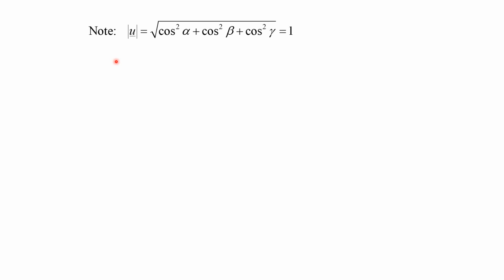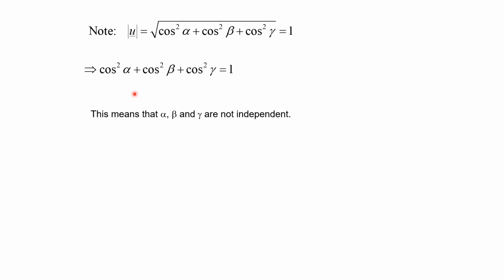The sum has to equal 1 simply because U is a unit vector. And you can conclude that alpha, beta, and gamma are not independent, because the values depend on each other, since it's the cosine of each angle and the sum has to equal 1.